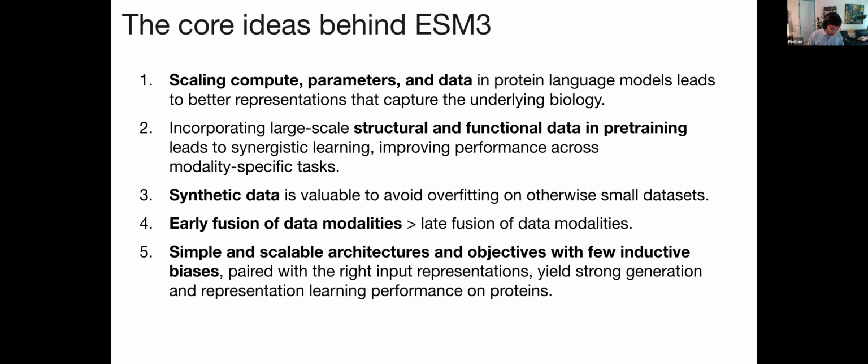And then finally, something that was very important as we thought about how we are going to scale this model. How are we going to make sure that it trains stably and that it has high efficiency and that we know what's going to happen as we scale to 10 billion or 100 billion parameters? It was very important that we have a simple and scalable architecture and training objective.